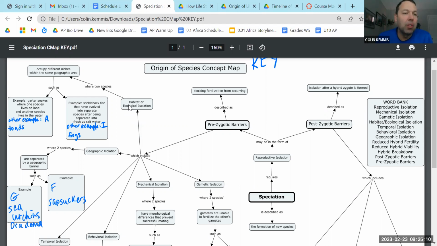The two examples for that were the garter snakes, one lives on land, one in the water. They're technically still in the same environment. And then the stickleback fish, if you watch that video, it went through that one. Also the frogs and toads, which evolved into separate species after being separated into fresh and salt water.